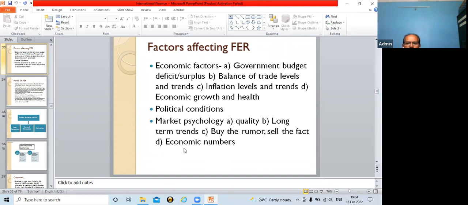A country whose economic numbers are good enough, sound enough, their currency will be appreciated. Vice versa, a country whose economic numbers are lower or average, their currency will depreciate. So there are chances that their currency will be depreciated.